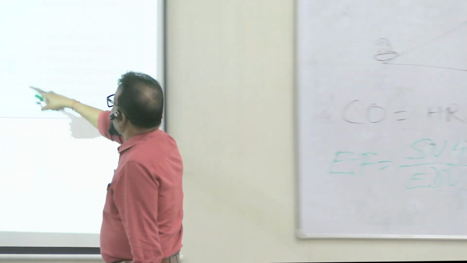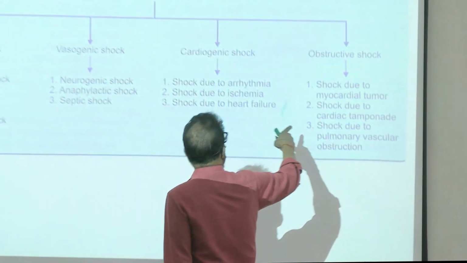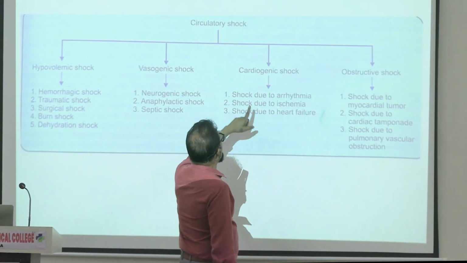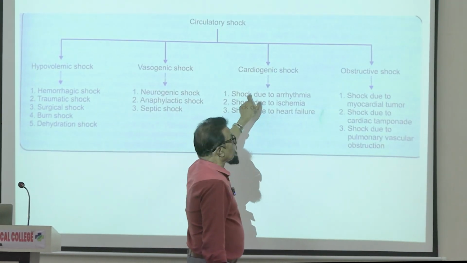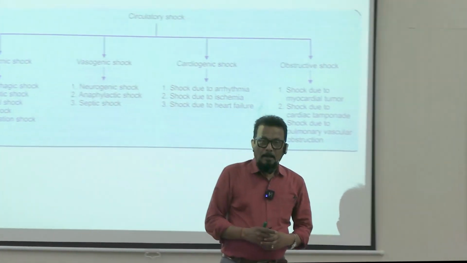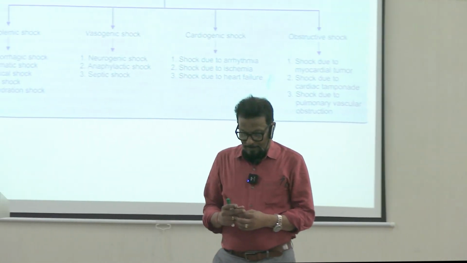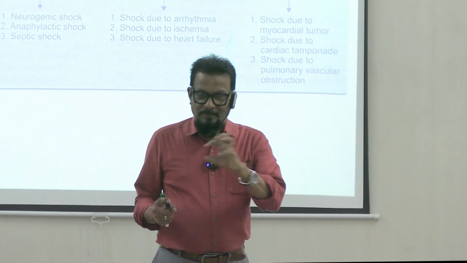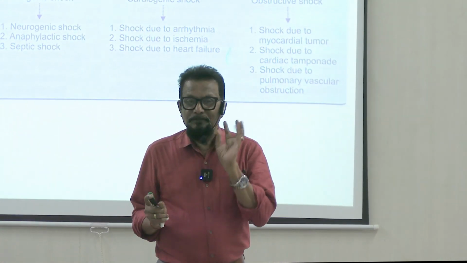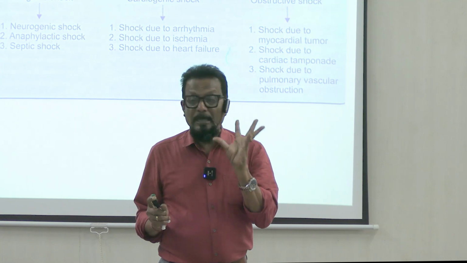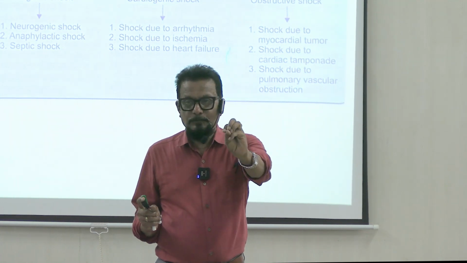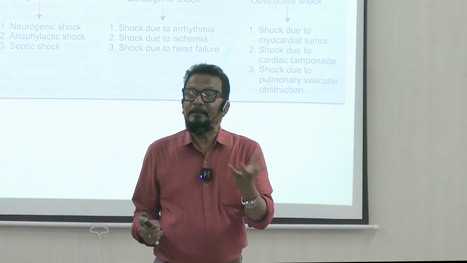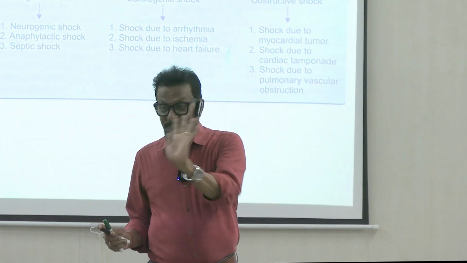So this way, because of a problem in the heart, there can be less cardiac output, and because of this, the body tissues can be perfused less.